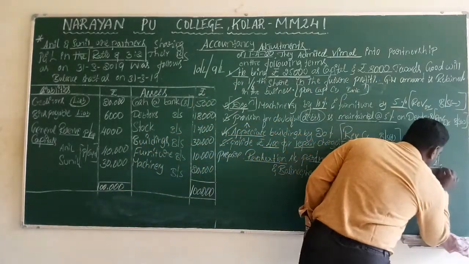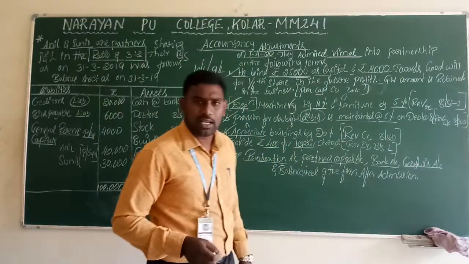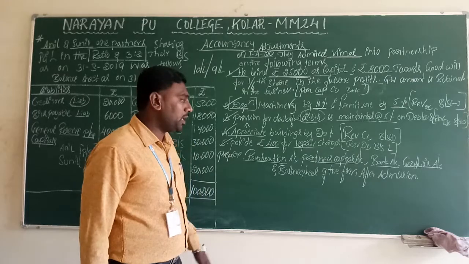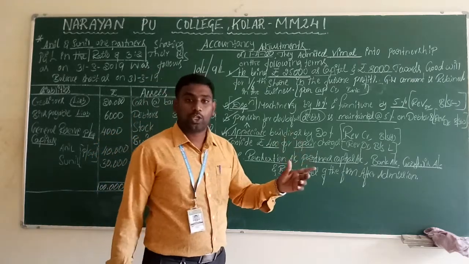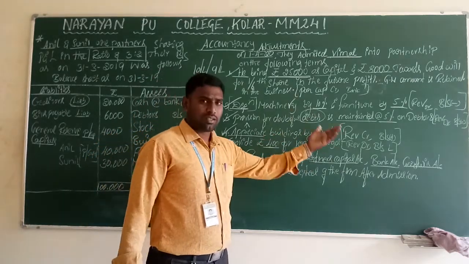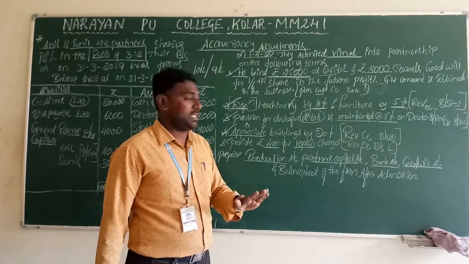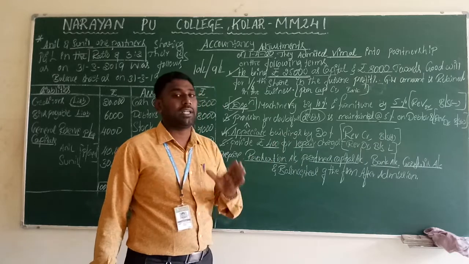And one more account is the goodwill account. In the last class itself, we discussed goodwill. Goodwill is nothing but the good name and reputation of a business, earned for future profits. If you want to get profit, we create a good name.